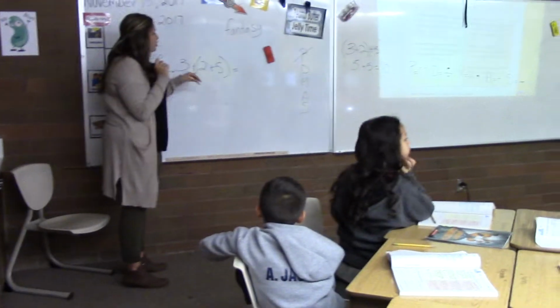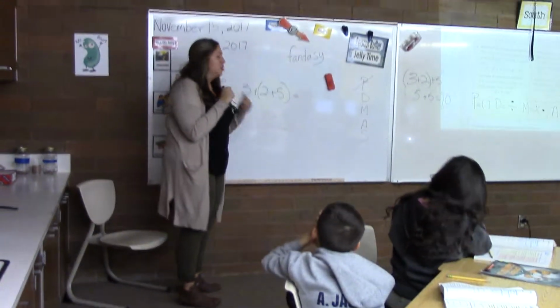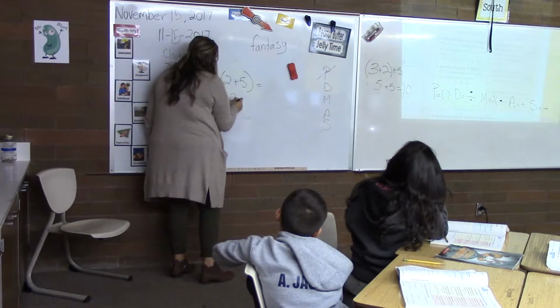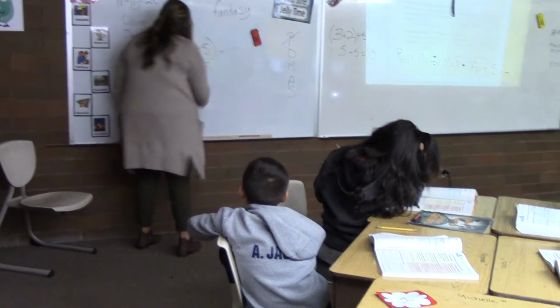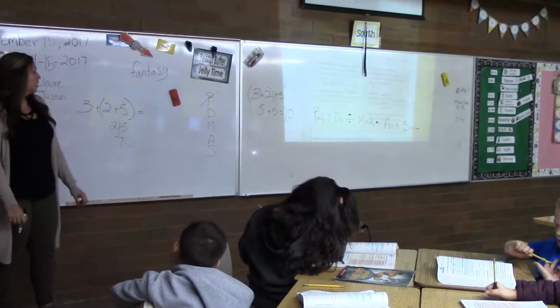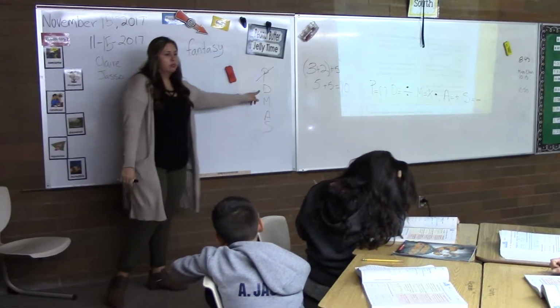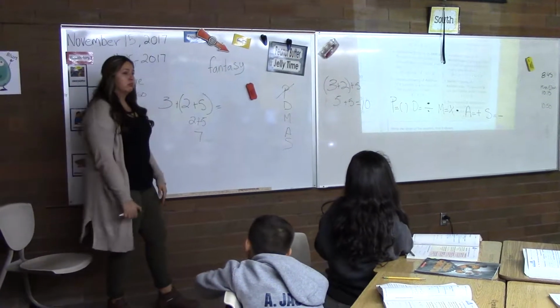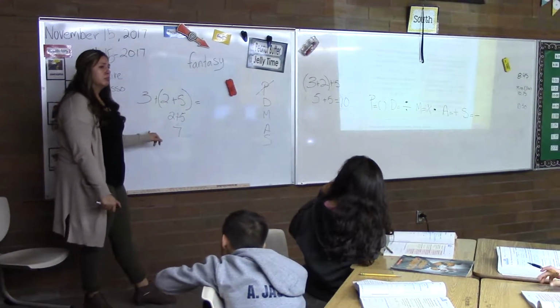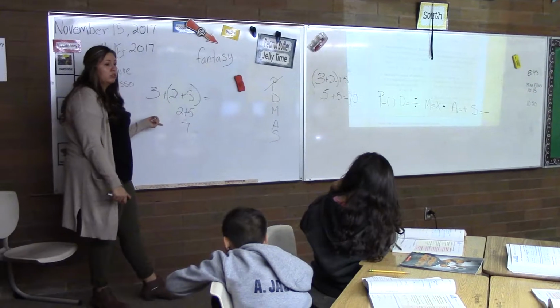So, Madison, what numbers do we have to add together first? 2 and 5. Darcy, what's 2 plus 5? 7. Carter, what else do we need to do? Is there division? No. Is there multiplication?